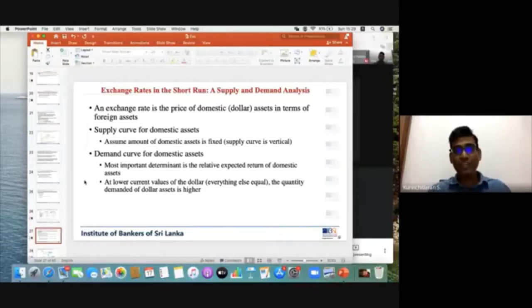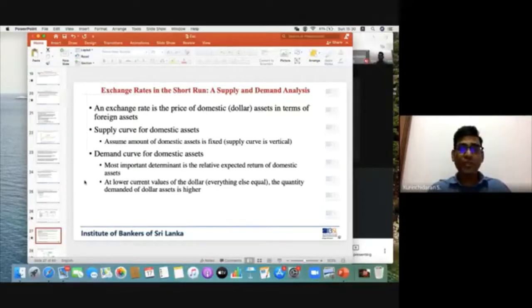So relative expected return: the investors will look into several currencies. They will see the US dollar, the Japanese yen, the sterling pound, the euro, and they analyze and see which one gives better return. That is the relative expected return.